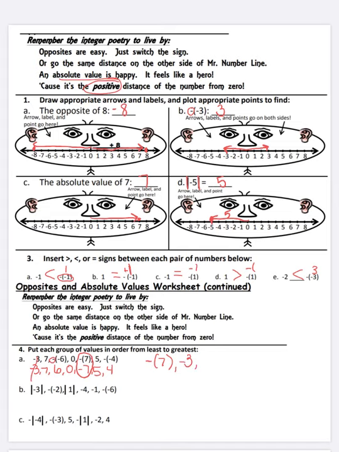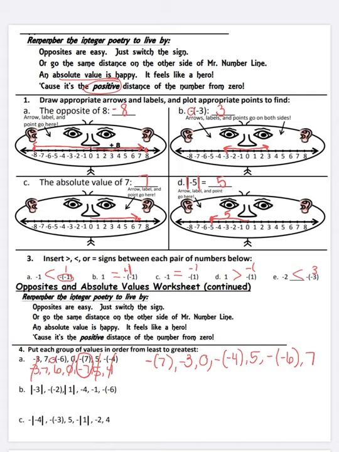And then we have 0, followed by the opposite of negative 4, which is 4, followed by 5, followed by the opposite of negative 6, which is 6. And then lastly, we've got 7. So that can get really confusing when we're ordering these numbers because their values are a little different.